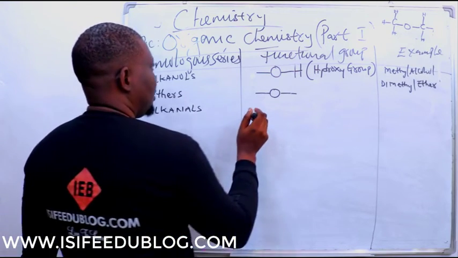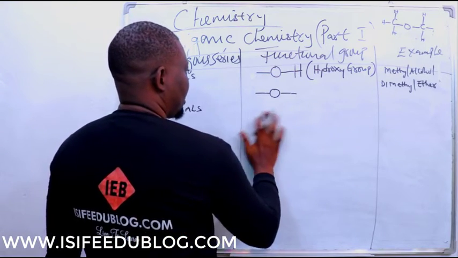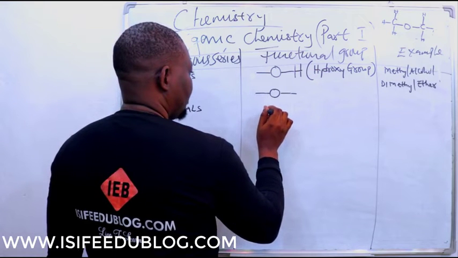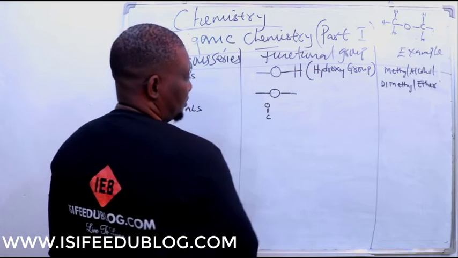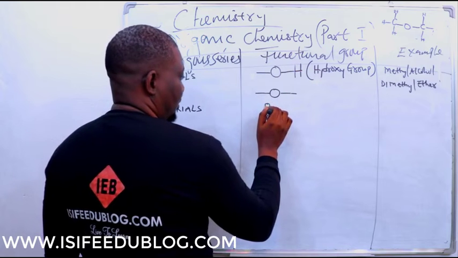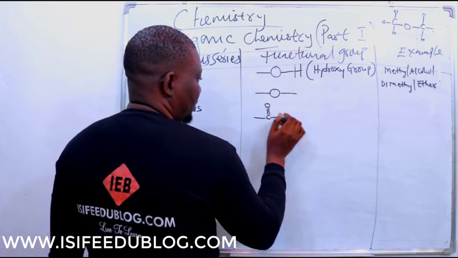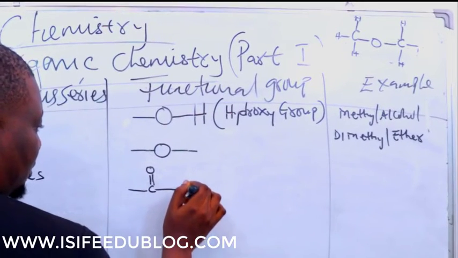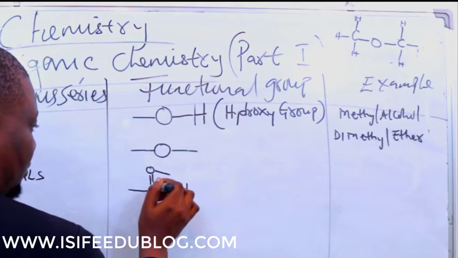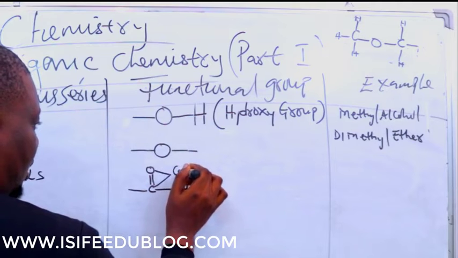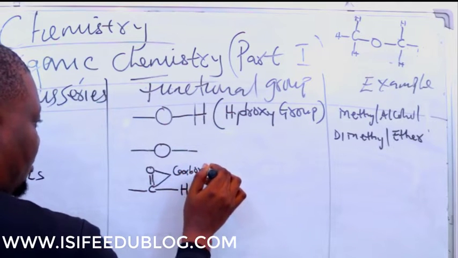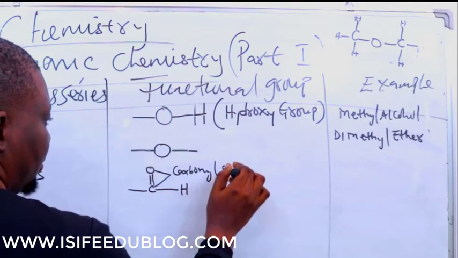Alkanals. The functional group is carbon linking to oxygen via a double bond, remember, and then carbon must have 4 bonds. Once you have from here to here, it's called the carbonyl group.